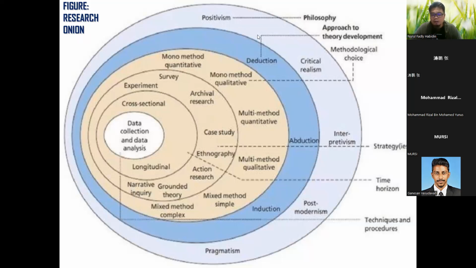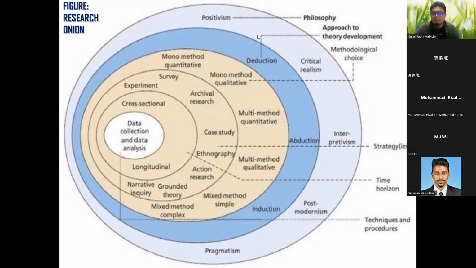To choose which one you are, mono method quanti or quali, multi method quanti or quali, mixed method simple or complex, it depends on your research approach: deduction, abduction or induction. If you use deduction, which is more suitable for quantitative, your answer can be mono method quanti or multi method quanti.